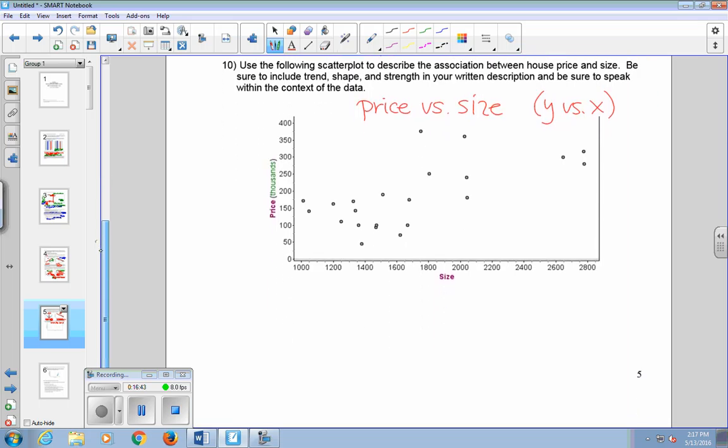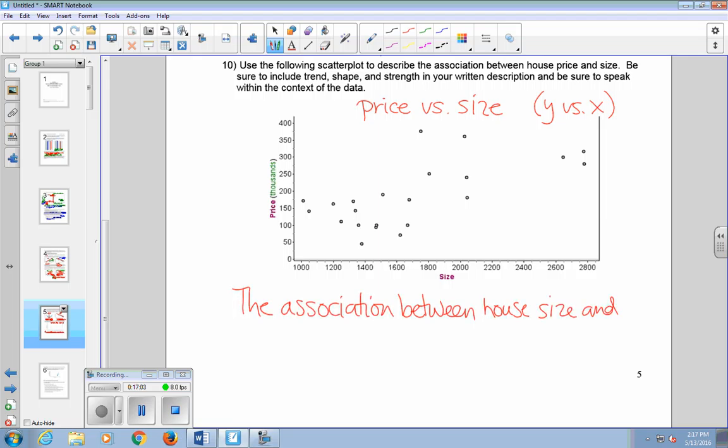All right, so back to the original question. We're looking at this association. We want to say something, again, within the context of this problem, or within our data set. So we may say that the association between house size and price is positive, so it gives the direction. Linear gives the form.